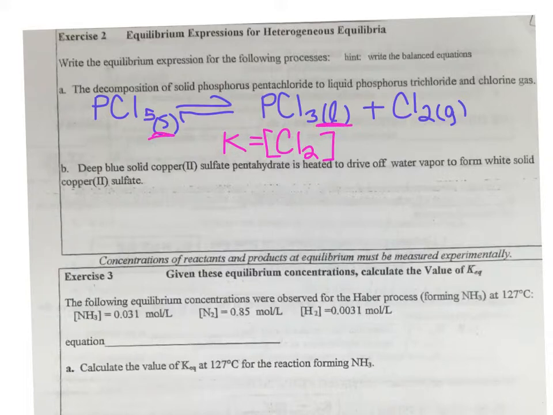What's this? Solid. Do we include either of those? No. Okay. So this one is just straight up the only one that's gaseous. So it's only dependent upon the concentration of the chlorine gas. So if I were wanting to shift equilibrium, which you'll go into tomorrow with Le Chatelier's principle, the only thing you could really mess with here is your chlorine gas. You could add some more or take some away.